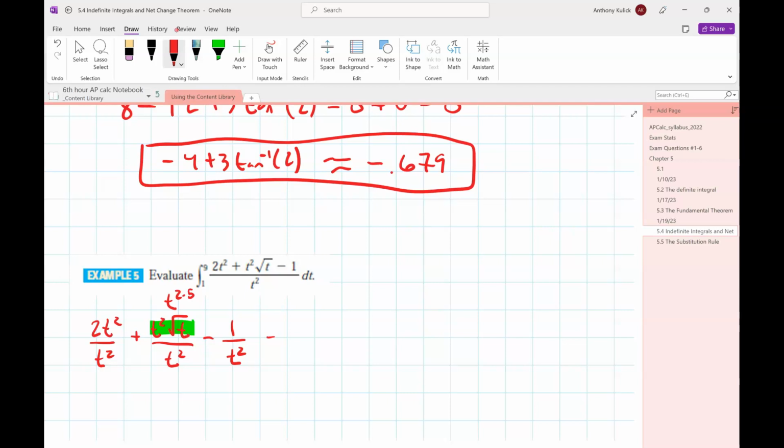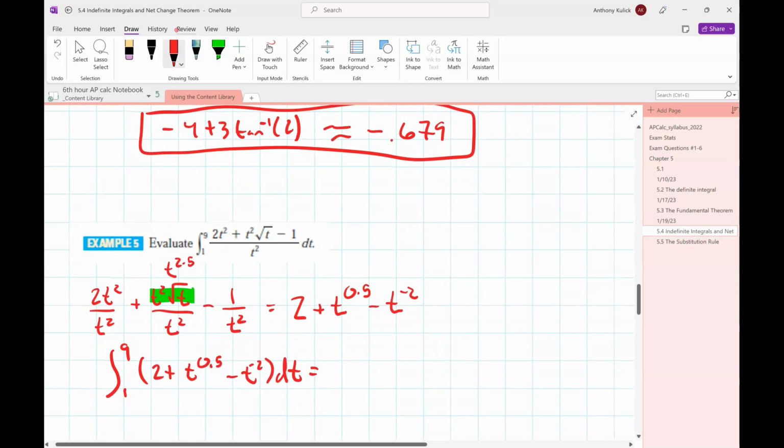Okay, so now if I reduce each fraction, I have 2 plus t to the 0.5 minus t to the negative 2. And that's something now that I can integrate pretty easily.